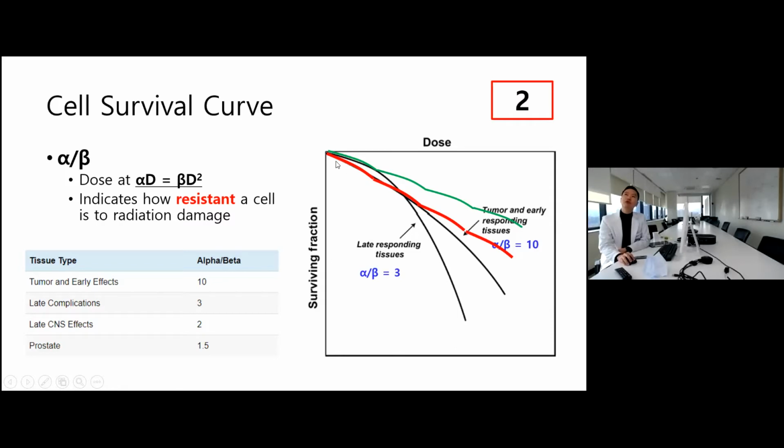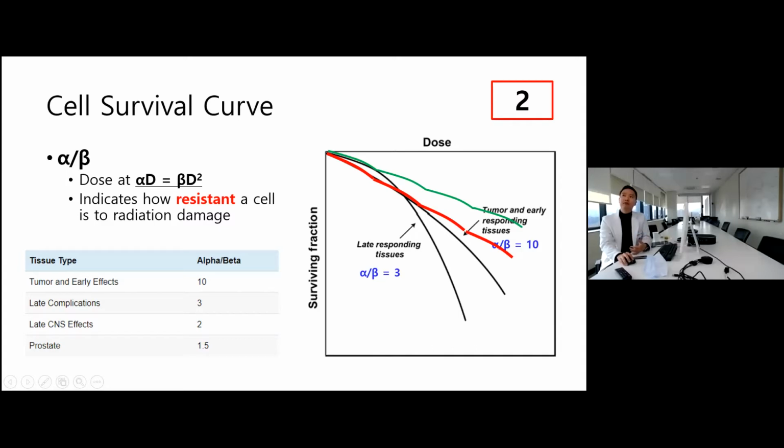However, tumors, because they have a steeper curve at the lower dose, may show a graph like this. So if you give more fractions, for instance, if you are giving a dose here, there will be more chance of the late responding tissue, which is a normal tissue, having more radiation effect.